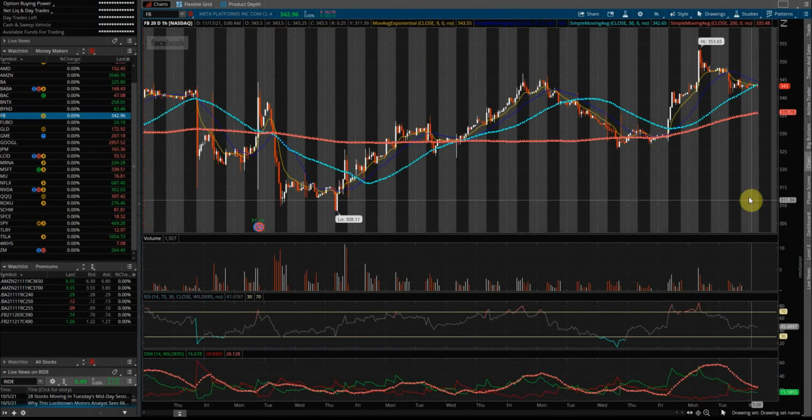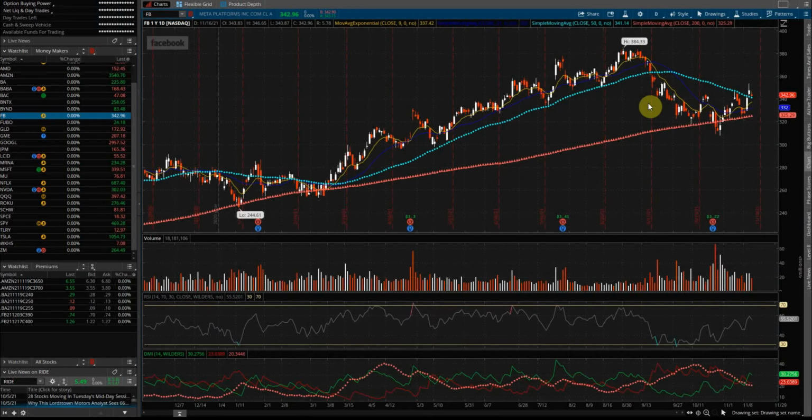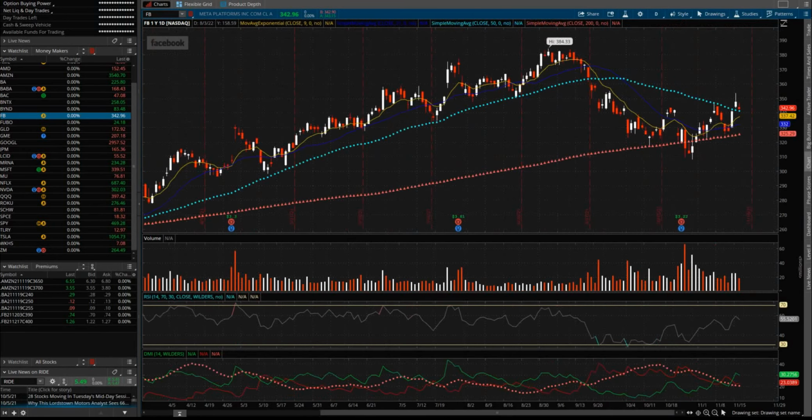On the hourly chart, instead of looking at the 200 SMA, usually I'll just look at the daily chart because if I want to look out on a higher time frame of supports and resistances, I will go to the daily rather than look at a moving average like that.